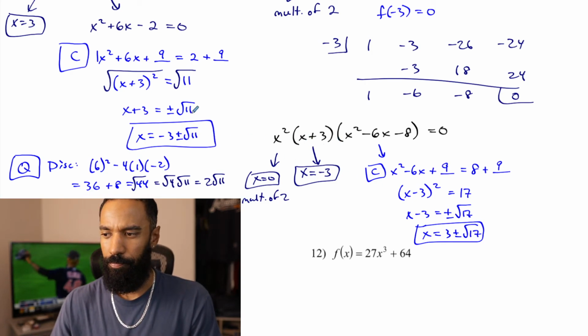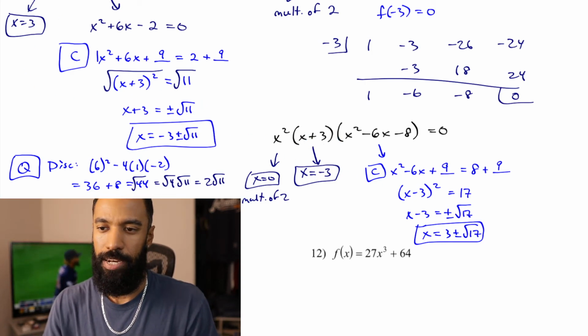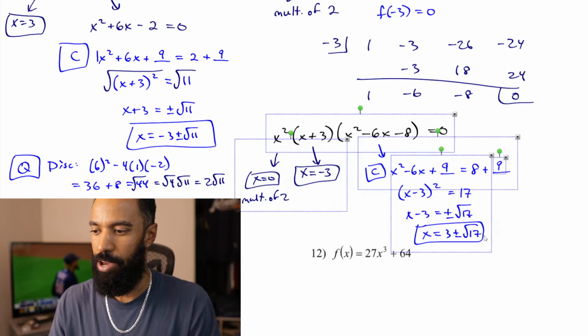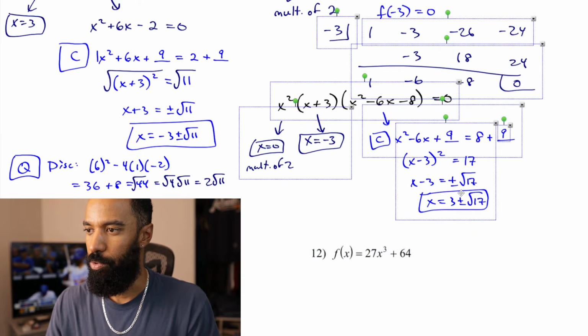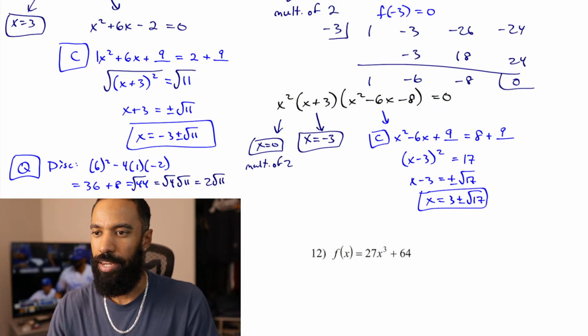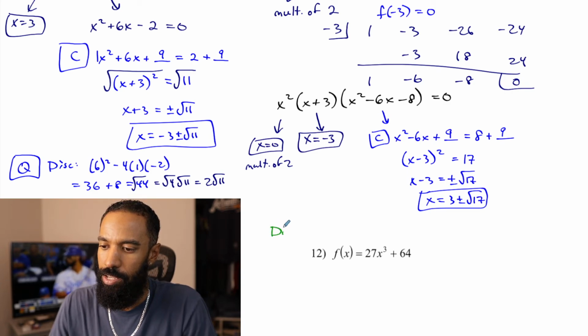Quadratic formula, I can't really fit. I mean, I can. I'll squeeze it in somehow. Let's try and bring some things up here. I tried to give a lot of room for these problems, but you do what you can. The discriminant, let's start there.